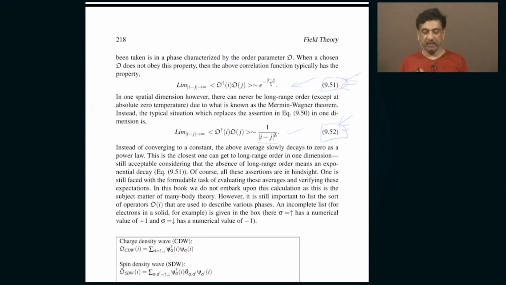What that means is that the electrons have decided to order themselves spatially. Remember that this represents the total density of electrons at site I. If the density of electrons at I is correlated with the density of electrons at J, even when I and J are very far apart, what does that mean?